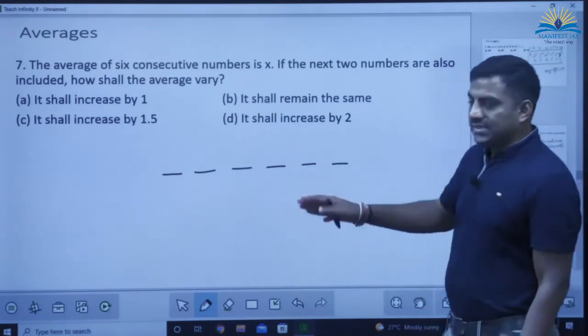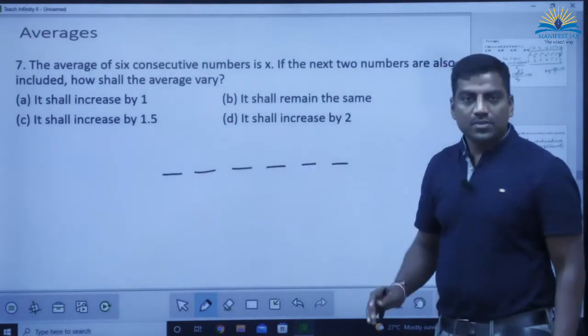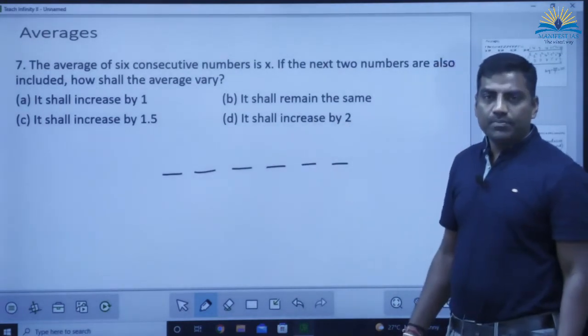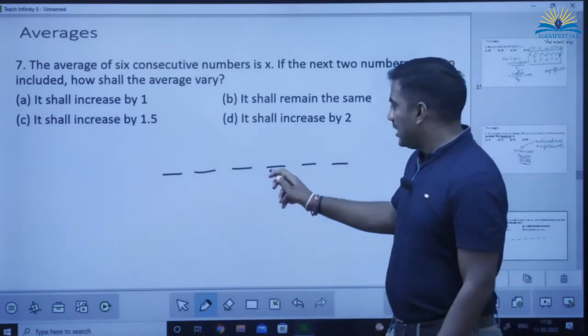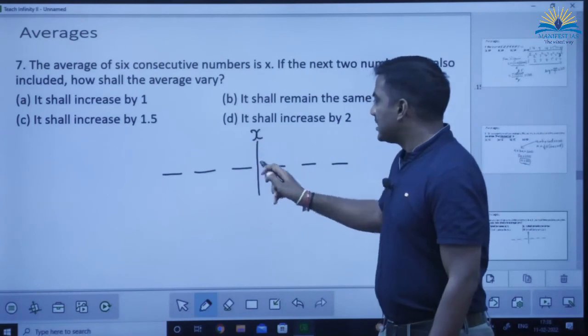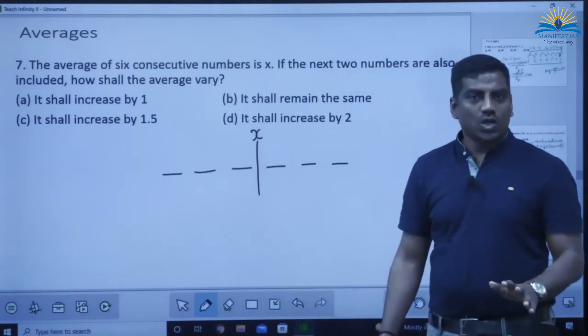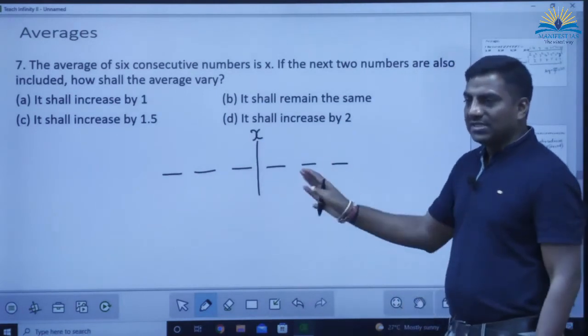Their average is X. Where will the average lie in this? In the middle of this. So here lies the X, correct? This should be the average of these 6 numbers.